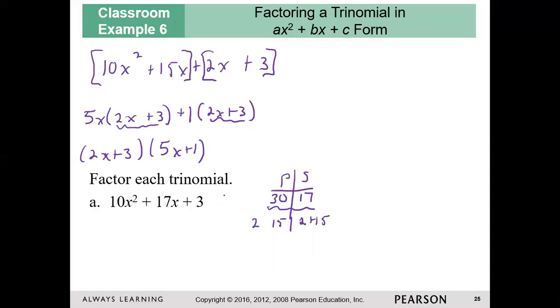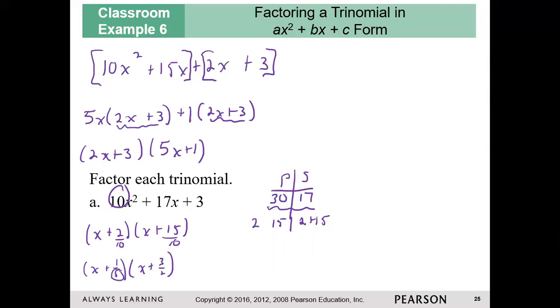There it is. And if you were using my other method, I'll just show you real quick. So if you said this was going to be x plus 2 and x plus 15, again, just setting up your sets of parentheses. Your a value is 10, so what you would do is scale this back down. So that would be x plus 1/5 and x plus 3/2.